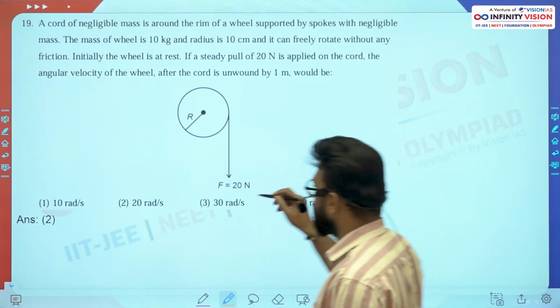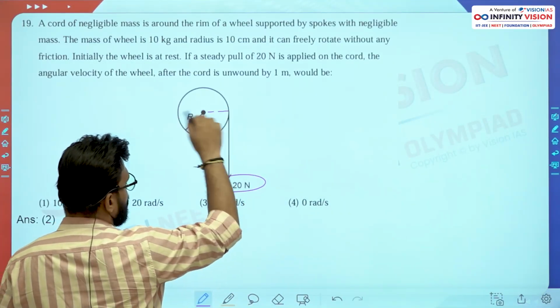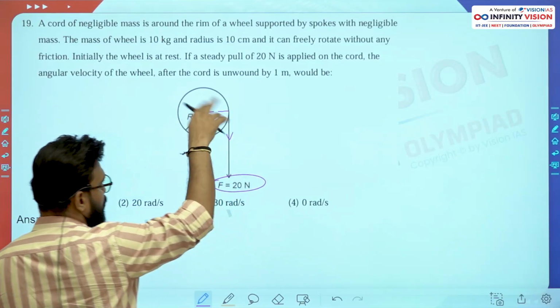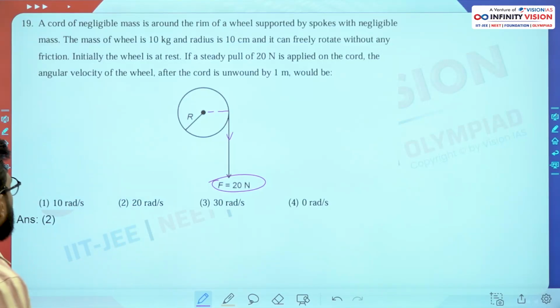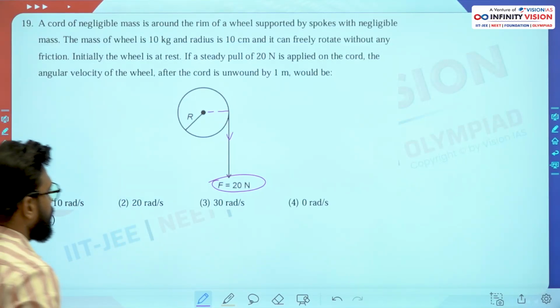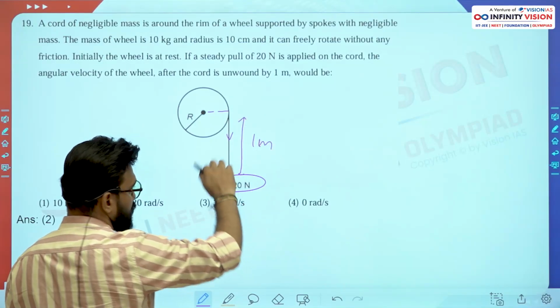So that means you are continuously applying 20 Newton force, because of which torque will make it rotate, and you need to find out the angular velocity after 1 meter of wire is taken out.